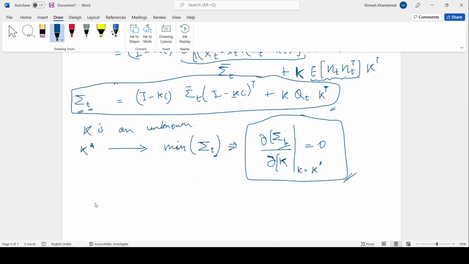Essentially my d sigma over dK should be 0. So what I do is expand my expression for sigma t, and then differentiate with respect to K.